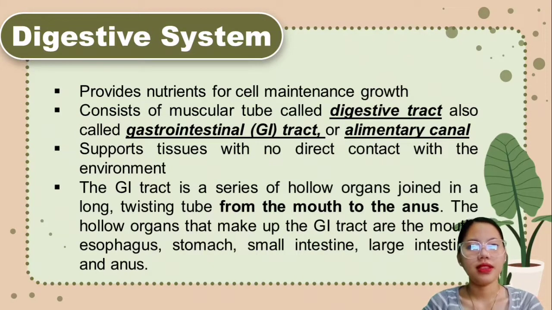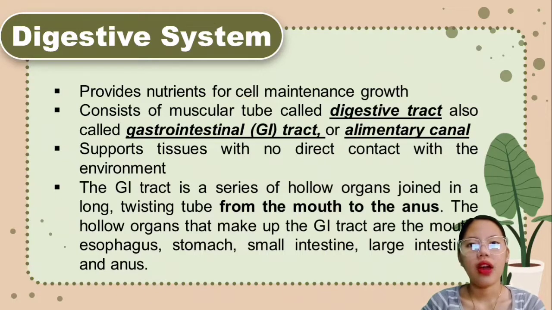So the digestive system provides nutrients for cell maintenance and growth. It consists of a muscular tube called the digestive tract, also called the gastrointestinal or GI tract, or alimentary canal. The digestive system supports tissue with no direct contact with the environment.